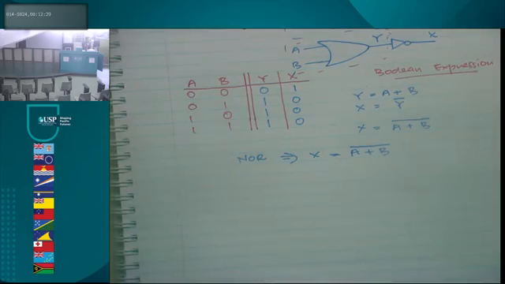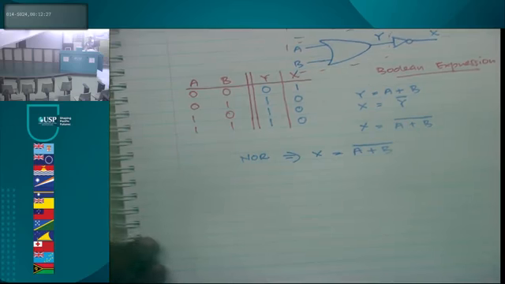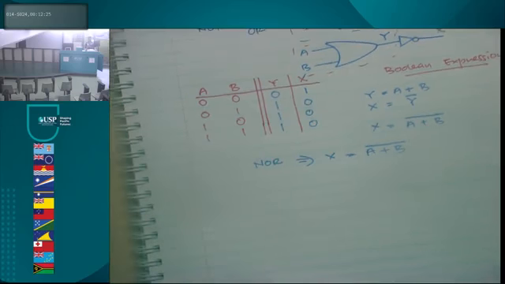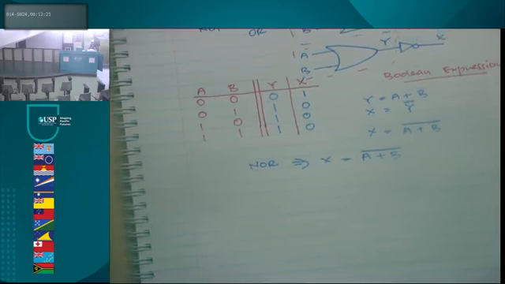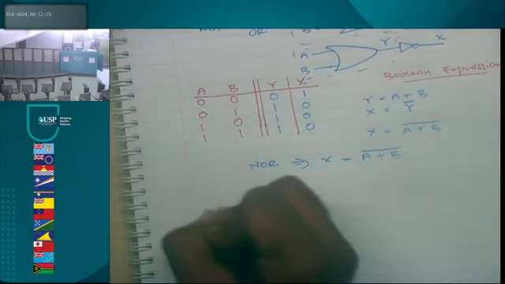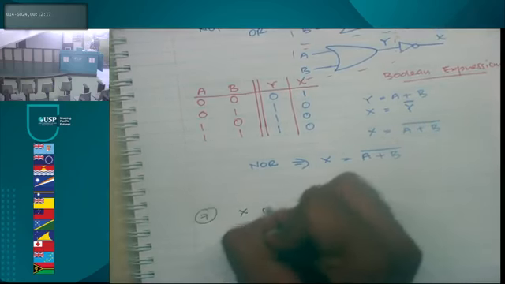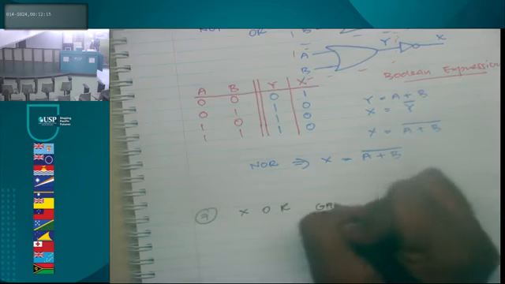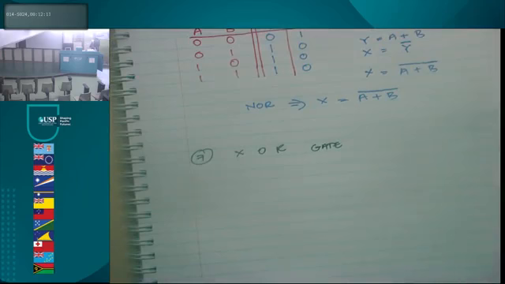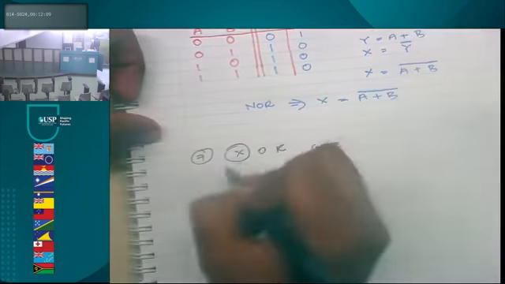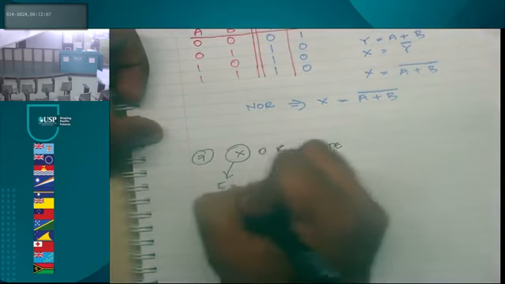Okay, there's one thing called an XOR gate, right? XOR gate is like an exclusive OR gate. I'll tell you the logic in a while.